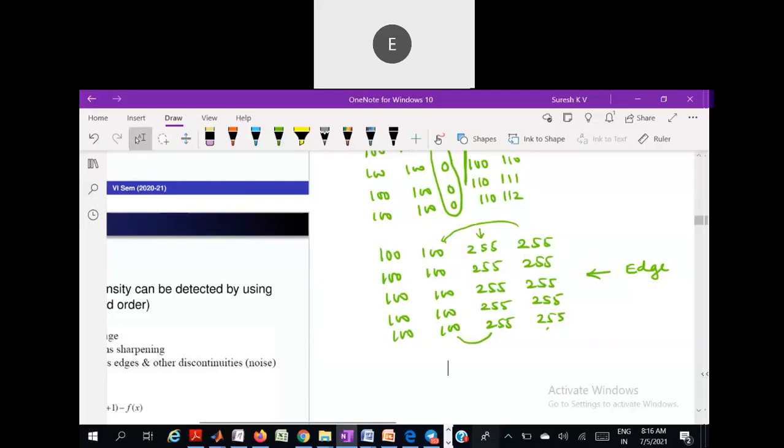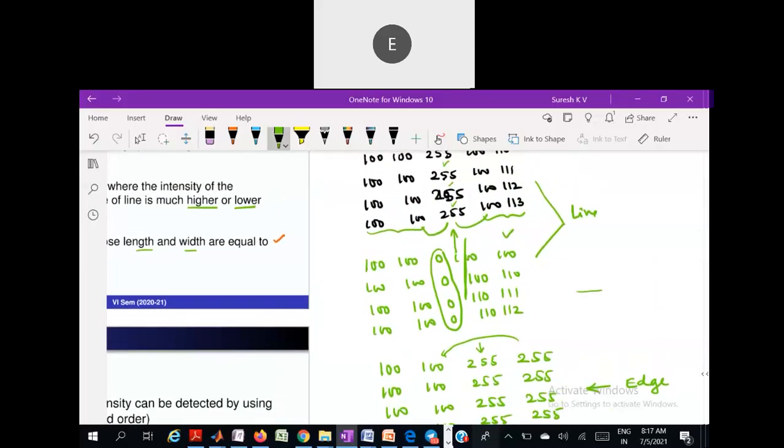Whereas in this case, it is something like this. The values are say 100 and at the edge it goes to 255 and it almost remains at that. So this is 100 and this is 255. So this is an edge. In a line, what happens is, the value will go to 255 but it will come back to 100 again.